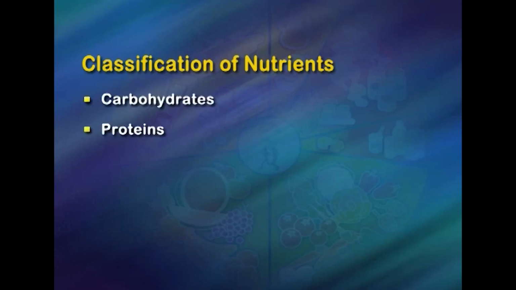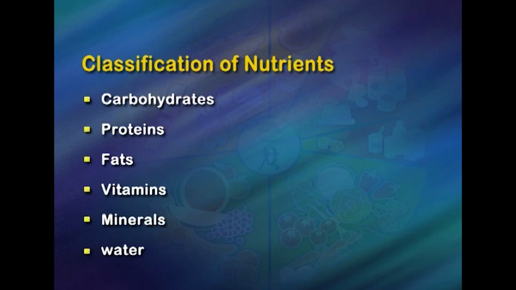In conclusion, we would like to say that nutrients in foods fall into six different categories, that is carbohydrates, proteins, fats, vitamins, minerals and water. Of course, the first three nutrients provide energy for the body's use.